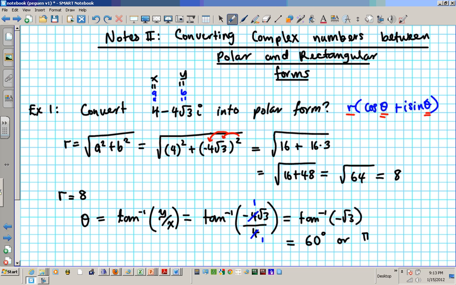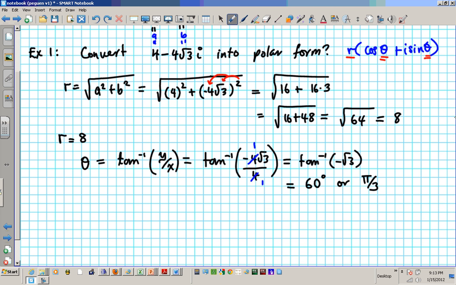When you're doing your classwork today, I would like you to give me your answers in degree form and radian form, okay? So our answer in polar form is going to be 8 cosine 60 degrees plus i sine 60 degrees.